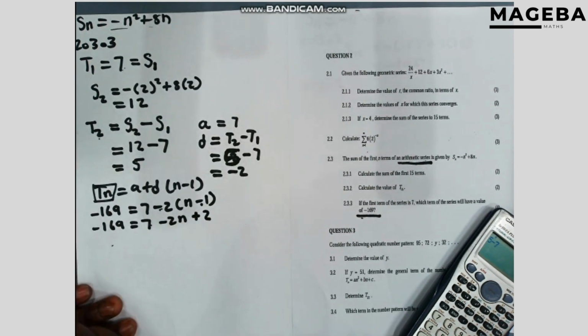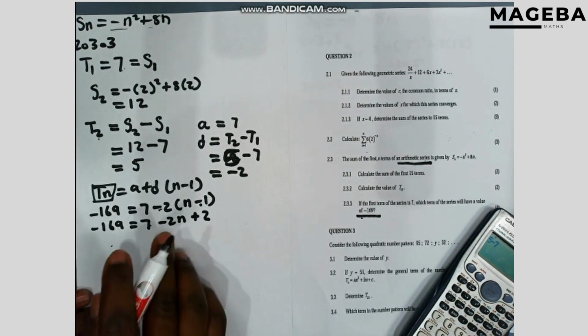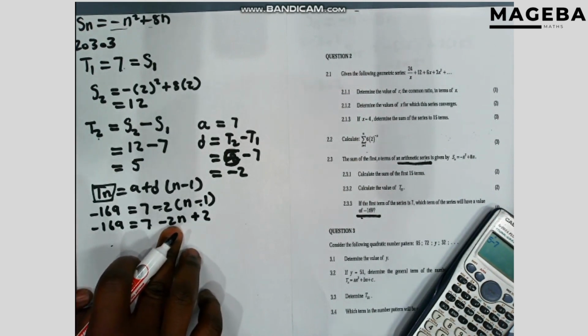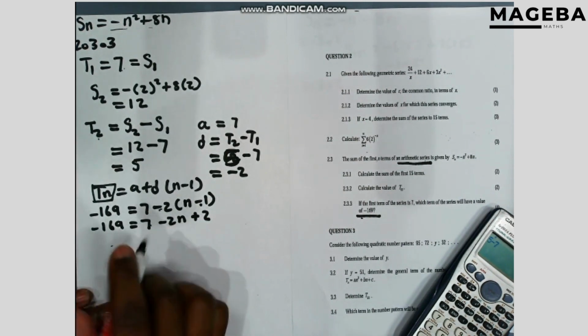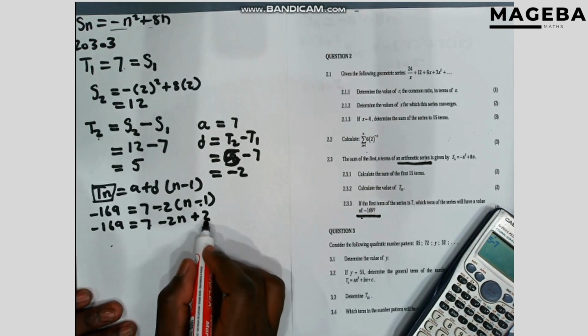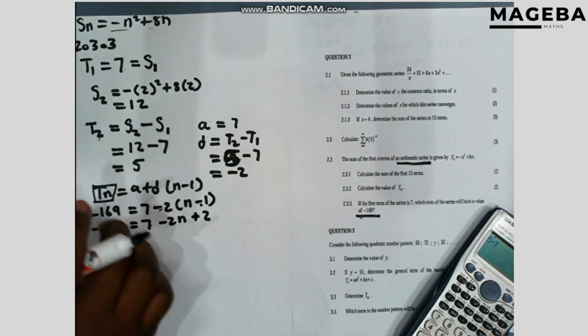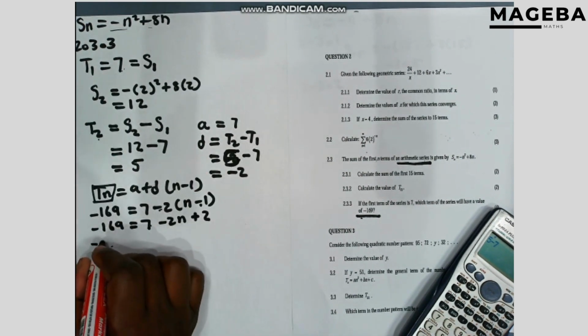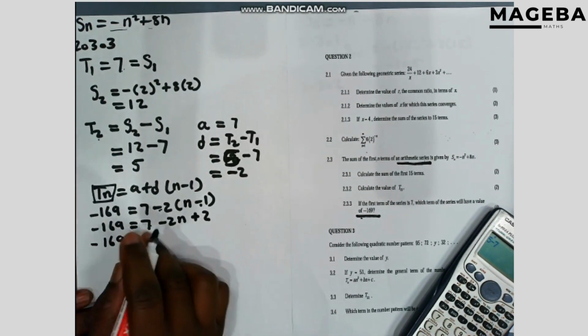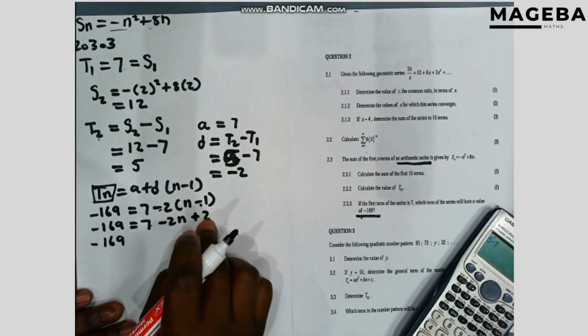Then from there we group the like terms. We're going to leave our negative 2n on this side, then we add this 7 plus this 2, which gives us 9. We take that 9 to the other side, so it's negative 169. This 7 plus this 2 is 9.